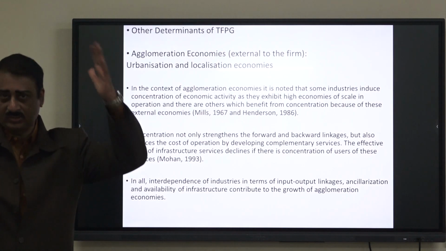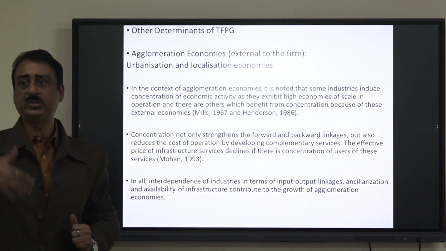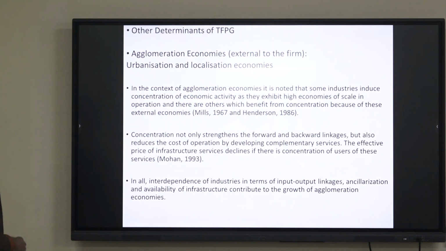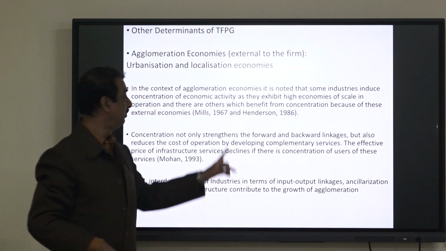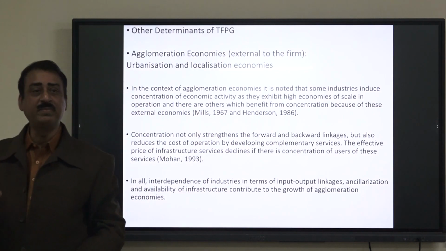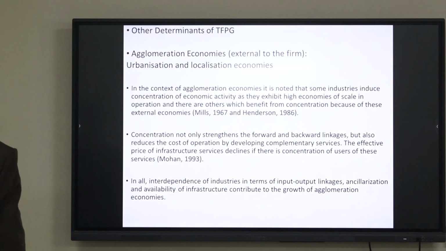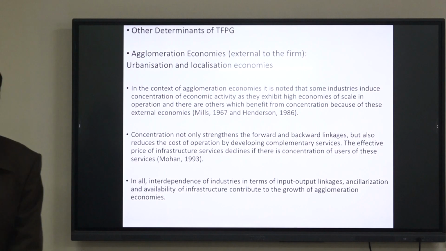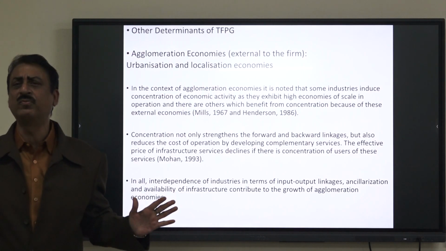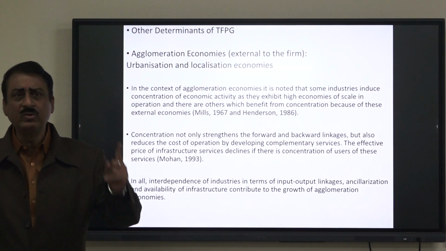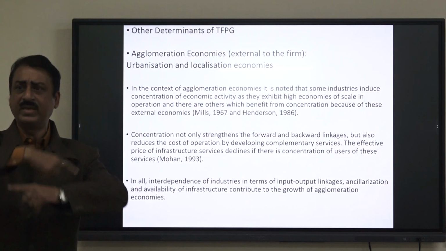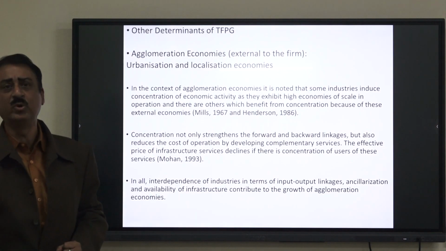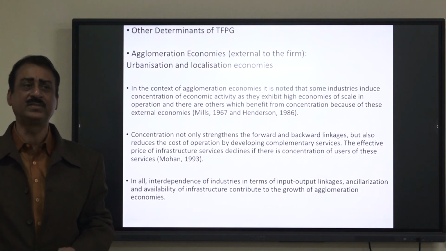They theorized, they worked out the channels through which you will be able to benefit. Two important schools you will see, Mills and Henderson, my supervisor. The first paper from Edwin Mills came in the American Economic Journal, where he argued that irrespective of whichever activity you are doing, if you go to a large city where there are many people, many activities and a very large market, you would benefit much more than if you go to an isolated place.